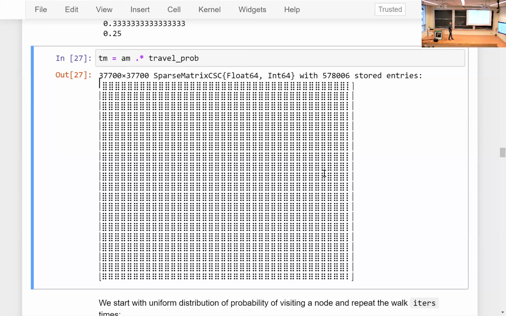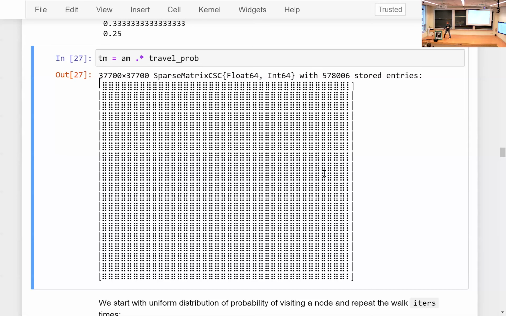But then what is important, and this is something that Przemysław mentioned to you yesterday, if I do this multiplication, Julia understands that this is still a sparse matrix, so this transition matrix is still sparse, which means that it will not use much memory. Because Julia understands that if I multiply a sparse matrix by a vector, it keeps sparsity.